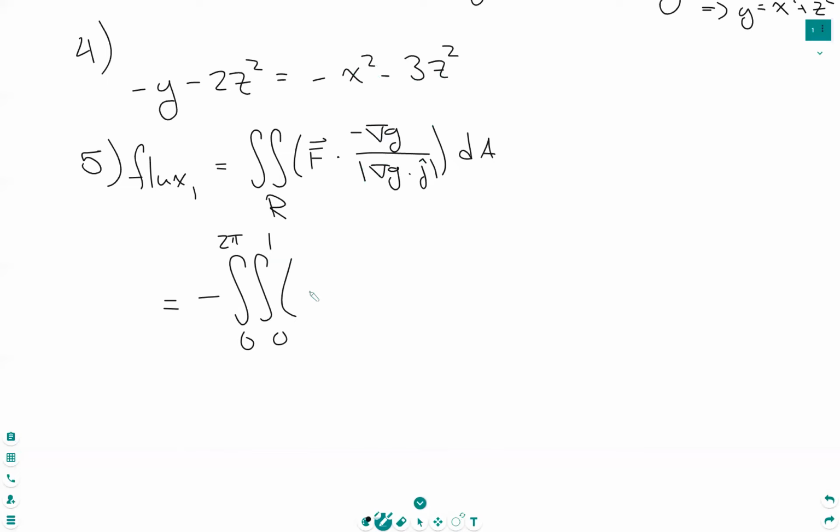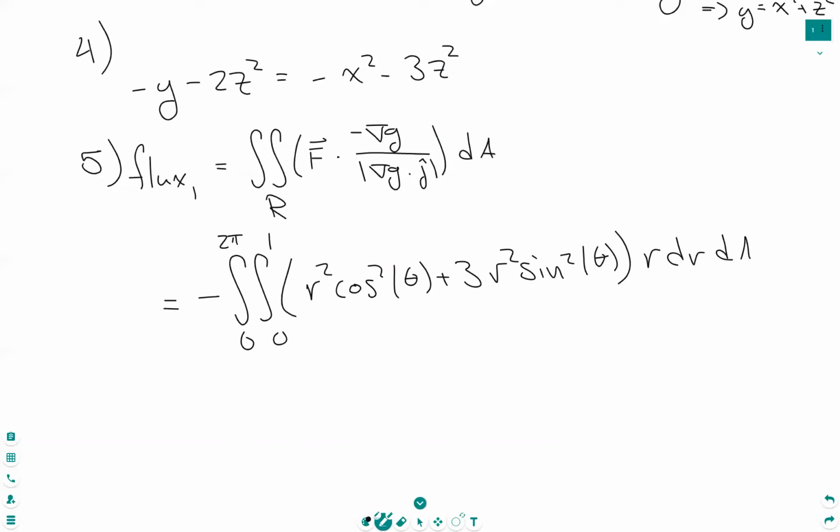And then x squared becomes an r squared cosine squared theta, and our z squared becomes an r squared sine squared of theta. And then we have an r dr d theta.